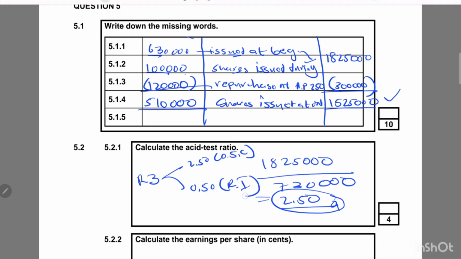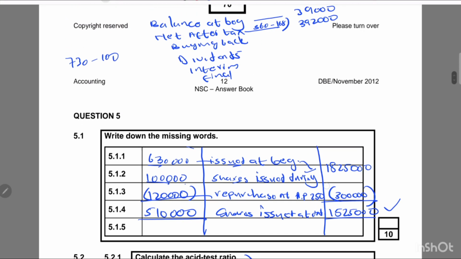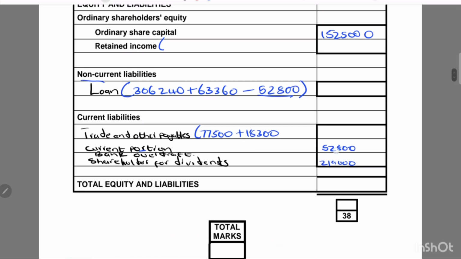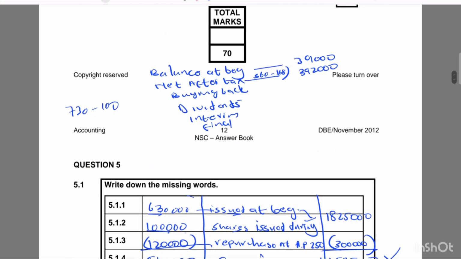Now you go to your retained income, under buying back you open a bracket. It's going to be 120 multiplied by 0.5, which is 60,000, in brackets. But remember, guys, they said this transaction was not recorded at all.